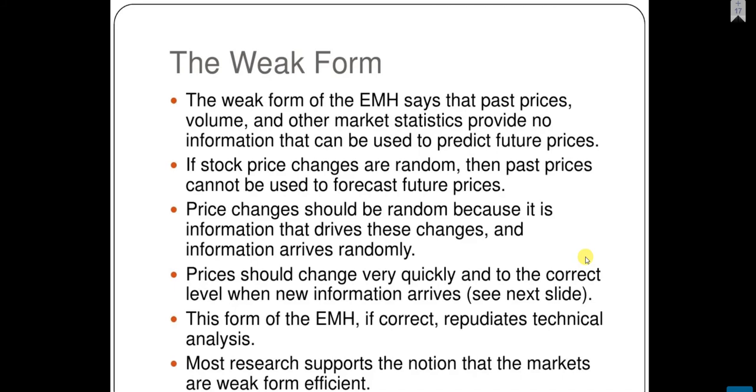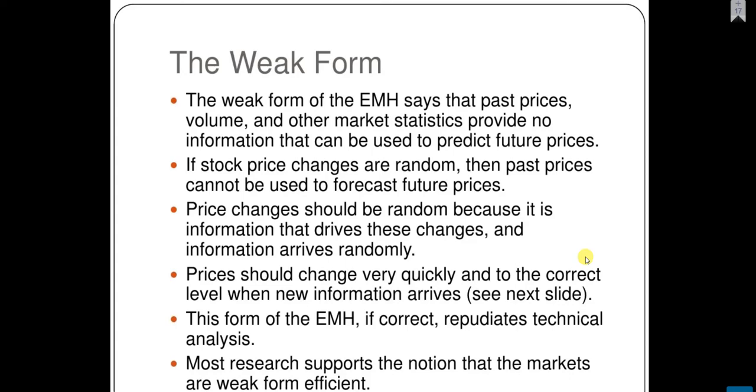The weak form of the efficient market hypothesis says that past prices, volume and other market statistics provide no information that can be used to predict future prices. If stock price changes are random, then past prices cannot be used to forecast future prices.